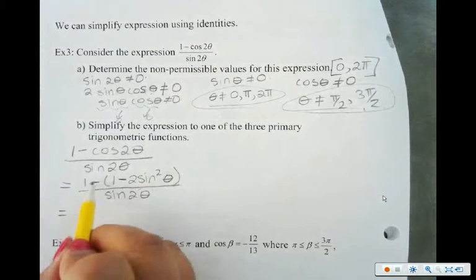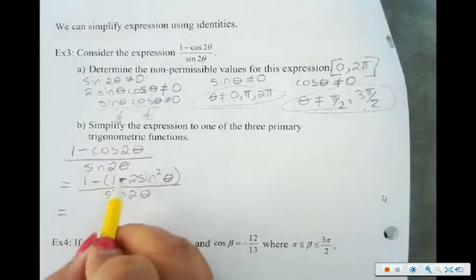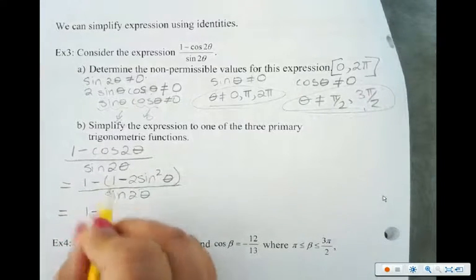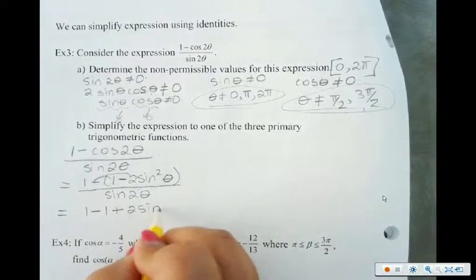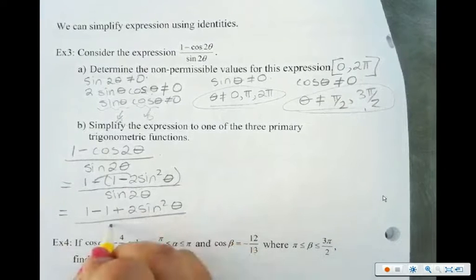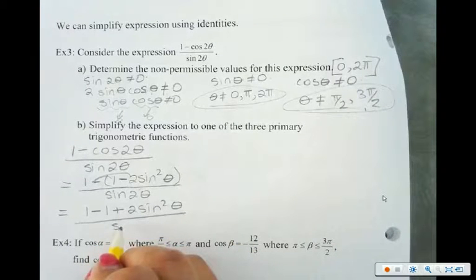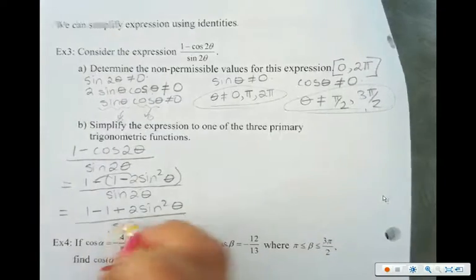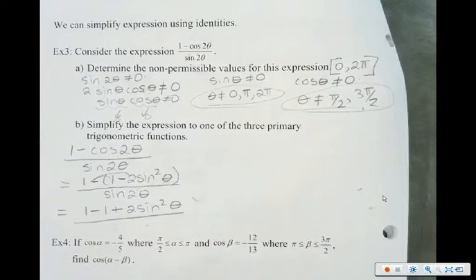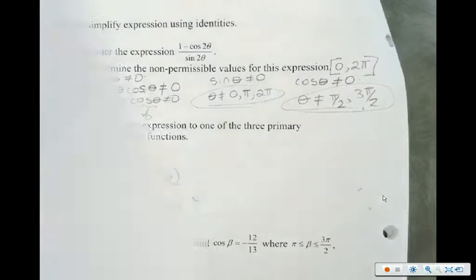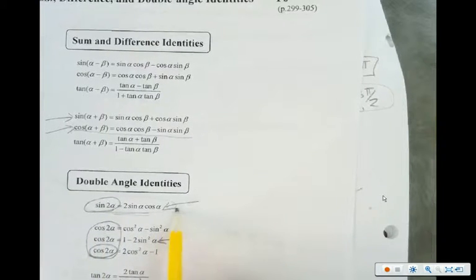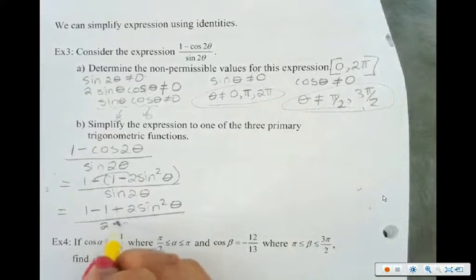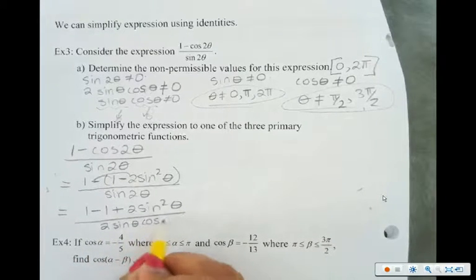Okay, 1 minus 1 plus, so this multiplies through, over, let's replace the sine 2 theta with something. What can we replace the sine 2 theta with? There's really only one option: 2 sine theta cos theta.